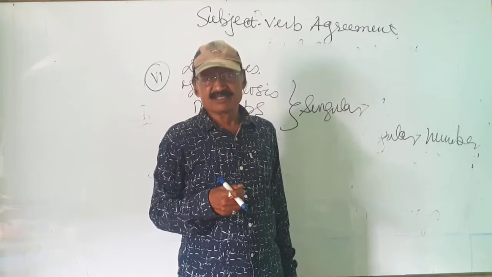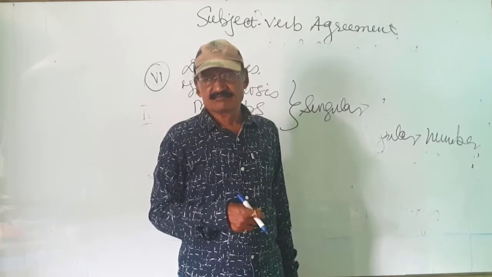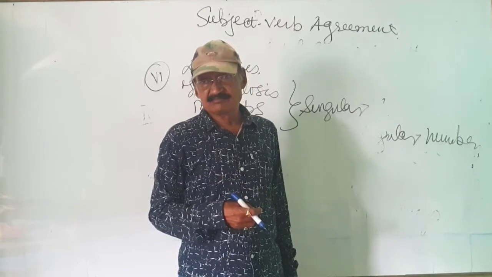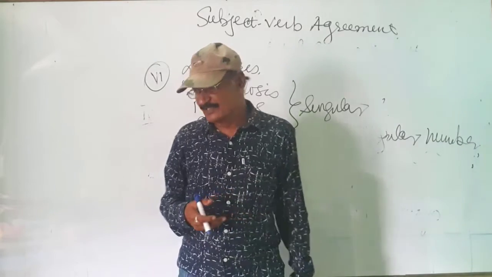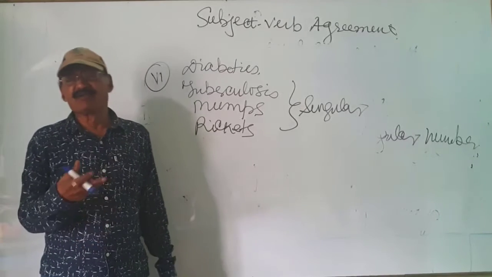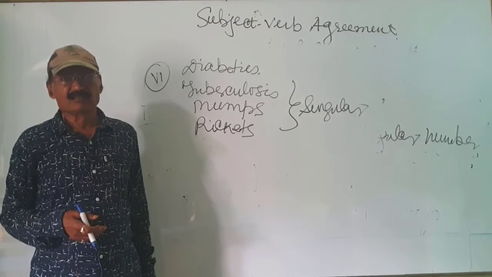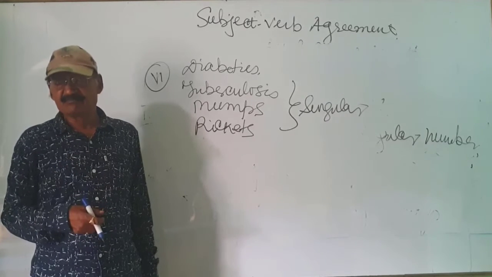Likewise, billiards is a good game. Circus is also a very good game. Billiards, circus. Some of the names of games can always take the singular number. Diseases, games, subjects' names.